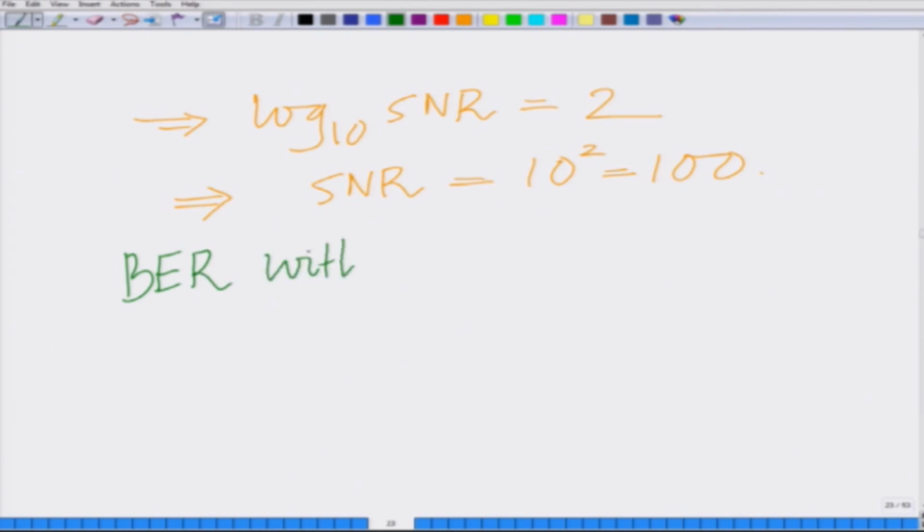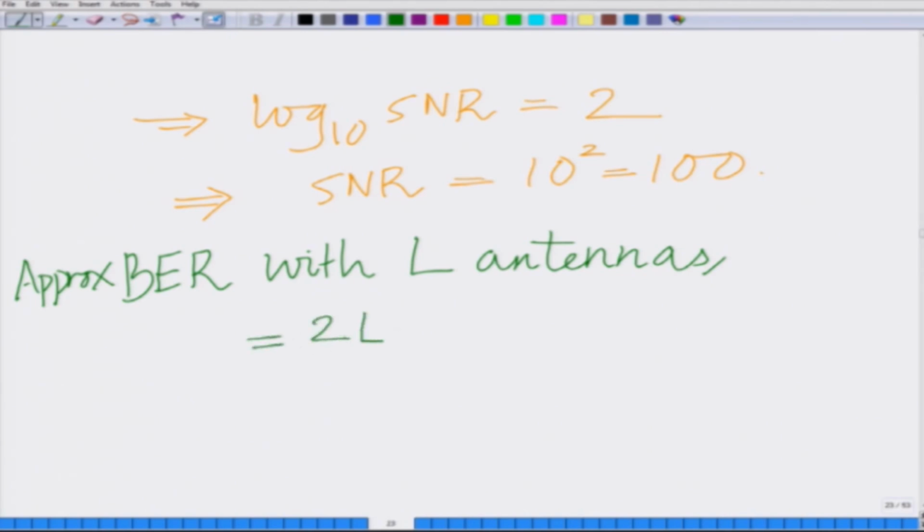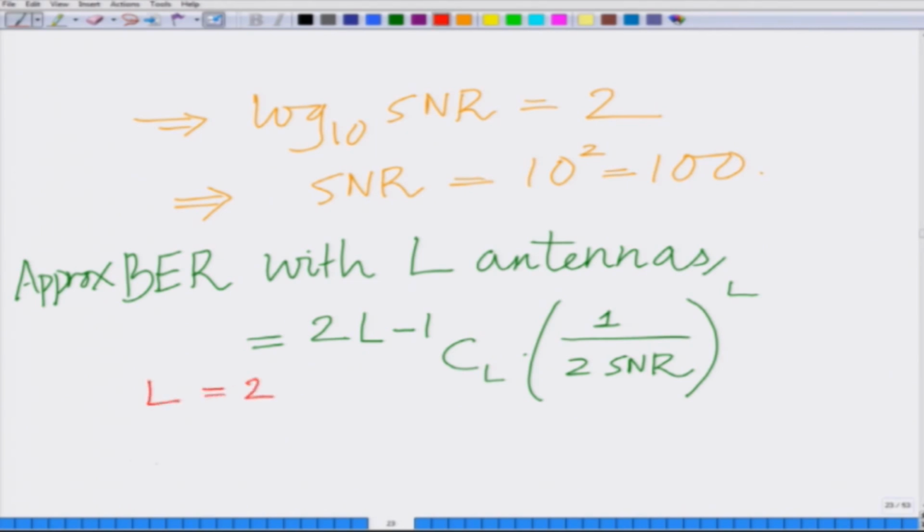with L antennas, we had seen that this is equal to 2L minus 1 choose L times (1 over 2 SNR) raised to the power of L, but we are given L is equal to 2 receive antennas.